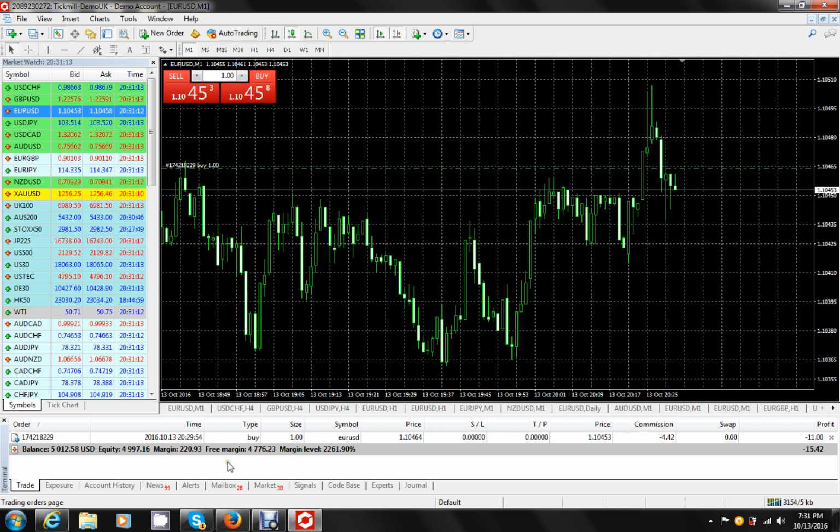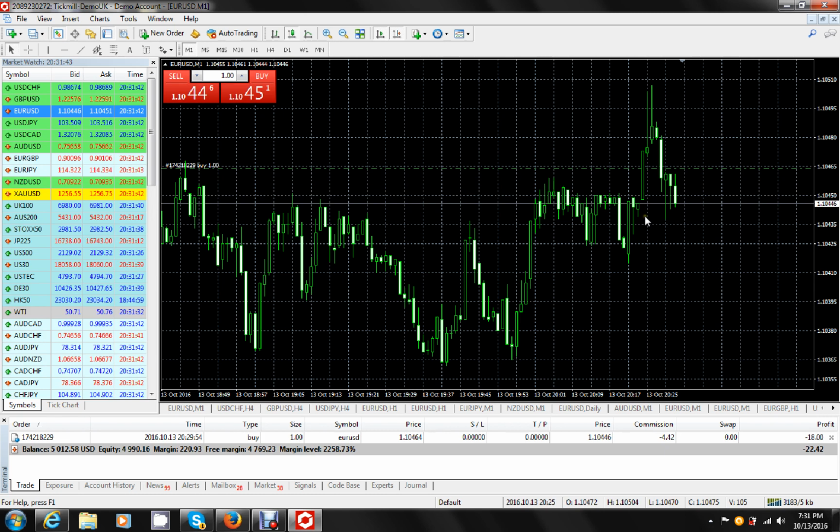All right, and then we look at margin level. It's 2,262. This simply means that you still have an opportunity to recover your trades. If your margin level goes below 50%, this will take out your trade automatically, because that means your account cannot handle the loss. But if it's still on 2,000, it means I can still put in more trades. There's still a lot of opportunity, even though I'm running in a loss.